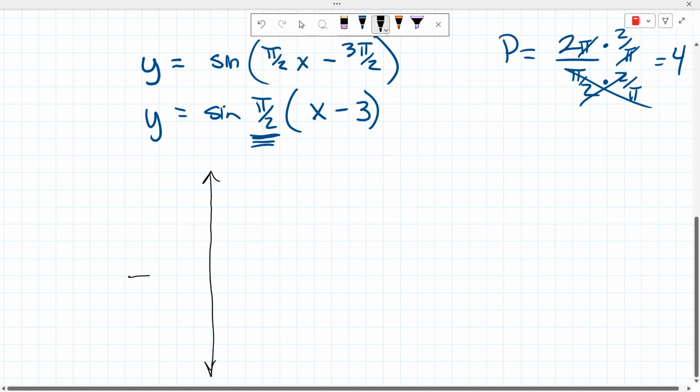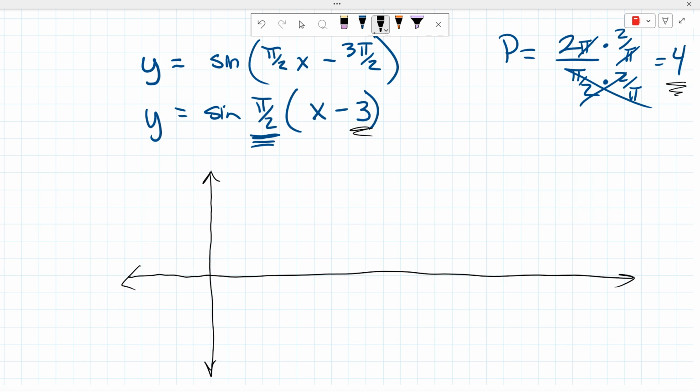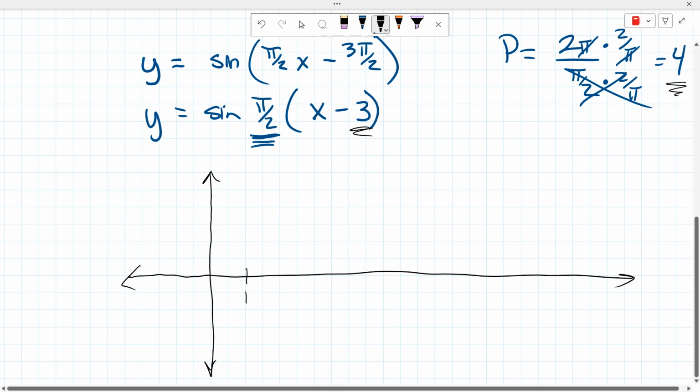What we're going to do is graph with whole numbers, because my period is a whole number and my phase shift is a whole number. So let's make this 1, 2, 3, 4, 5, 6, 7, 8.